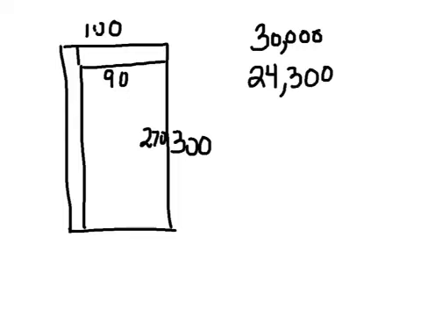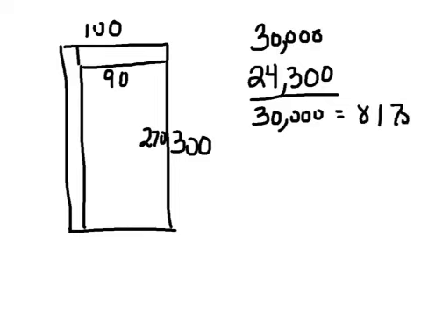Okay, how do those numbers compare? Okay, 24,300 divided by 30,000 equals 81%, or 0.81. So the relationship remains the same.